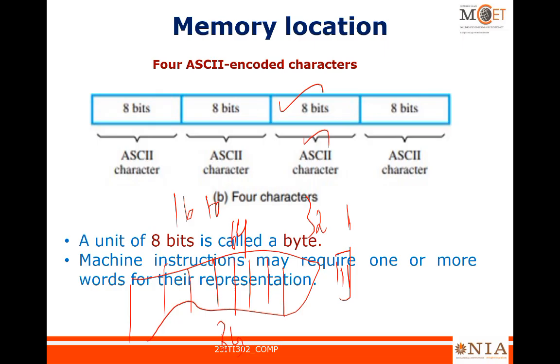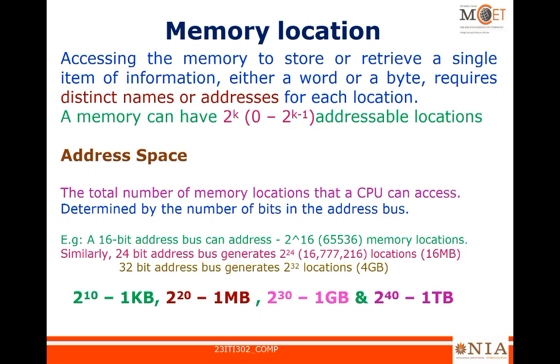The next topic is memory locations with respect to address space. Address spaces tell us about byte addressability. Byte addressability and memory operations are also upcoming topics. Byte addressability is represented with big endian and little endian.